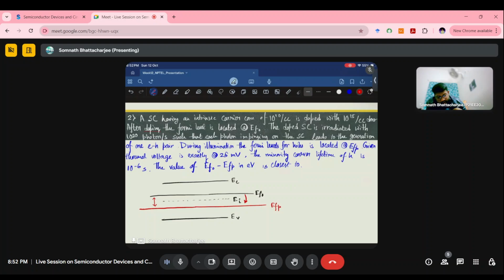So we have formulas for this: the difference from the intrinsic to the extrinsic one, and then the formula from intrinsic to EFP, based on the thermal generation or the photon generation. So we just have to get these two values and then sum them.